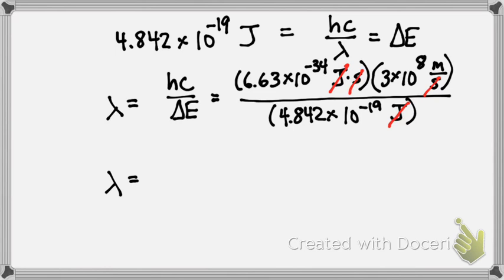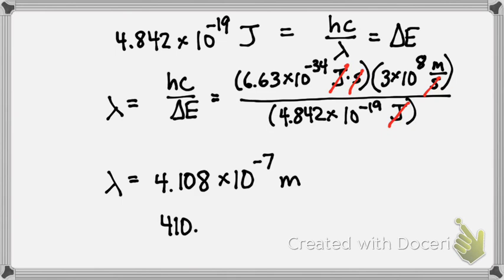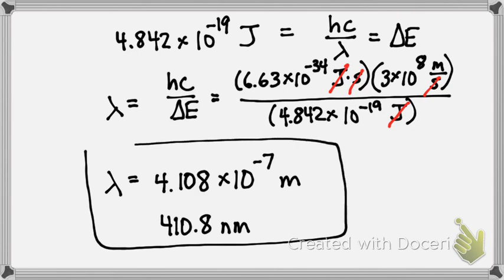And when I do this, I get an answer of 4.108 times 10 to the minus 7 meters, which is 410.8 nanometers. Either of those answers are fine. I would report it in nanometers, a little bit easier to handle.